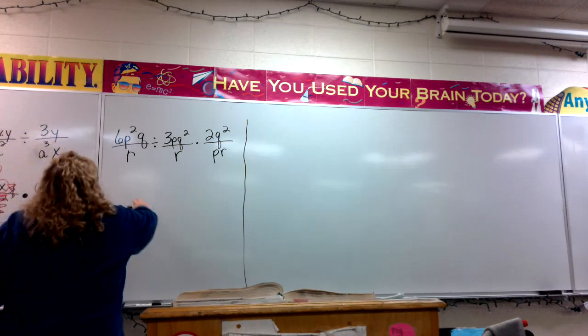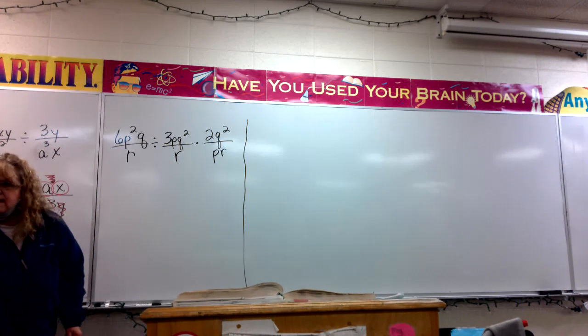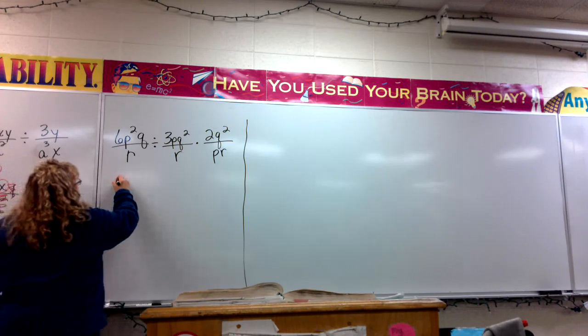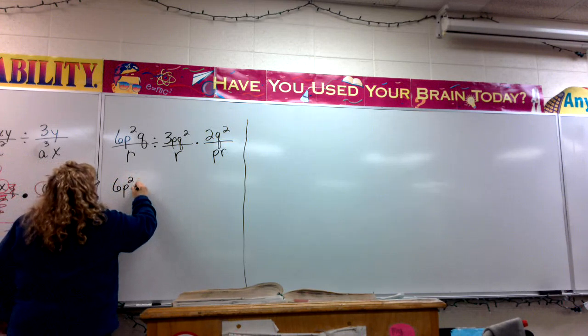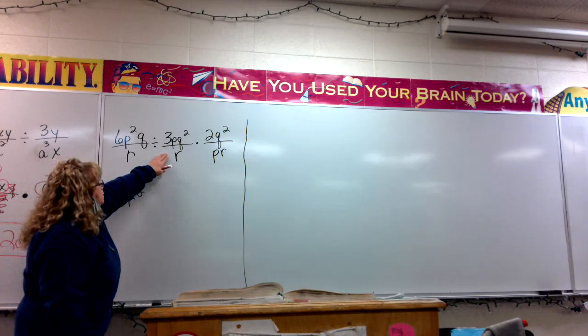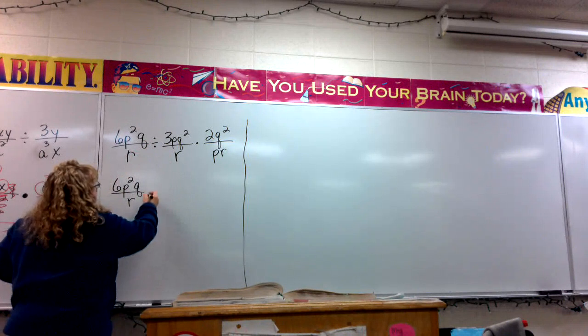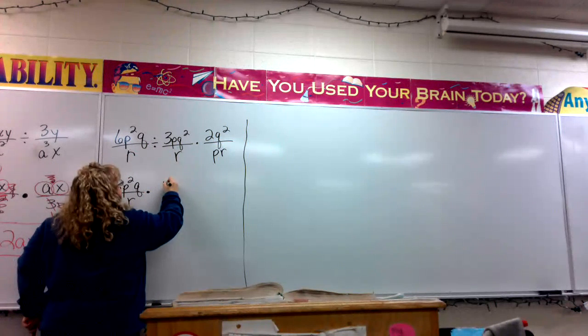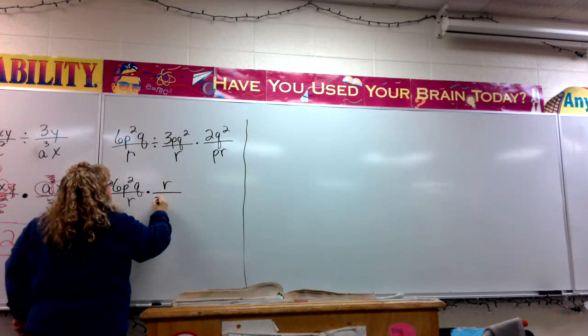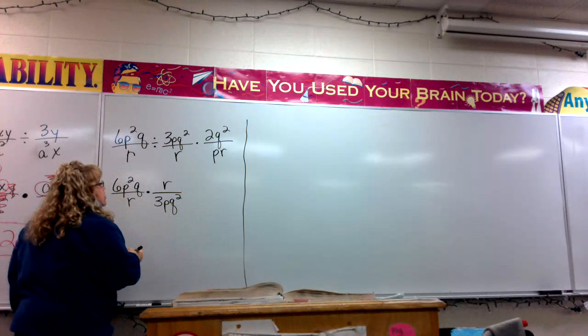Well, if we just did these two, you'd know what to do with that, right? Leave the first one, 6p squared q over r. And what do I do with the second one? It's divide, so I'm going to flip it and multiply instead. So r on top, 3pq squared.